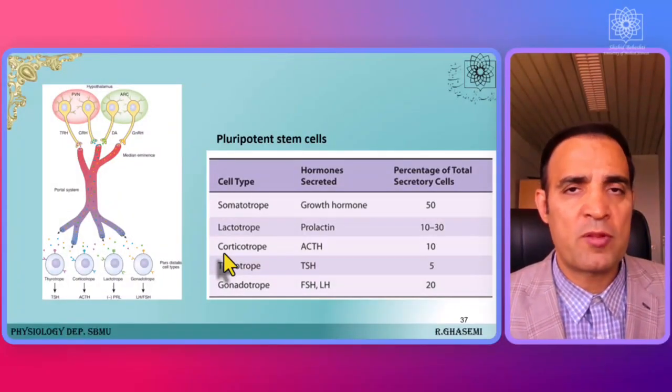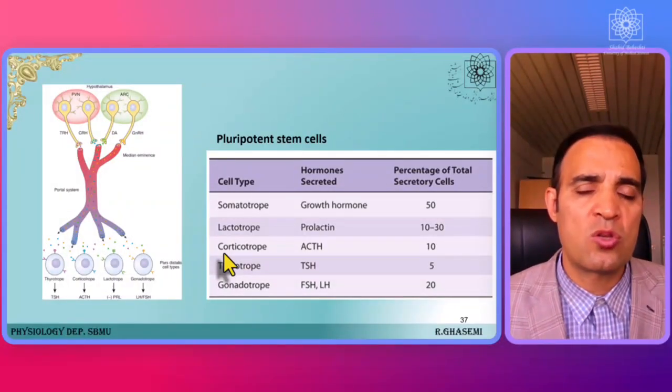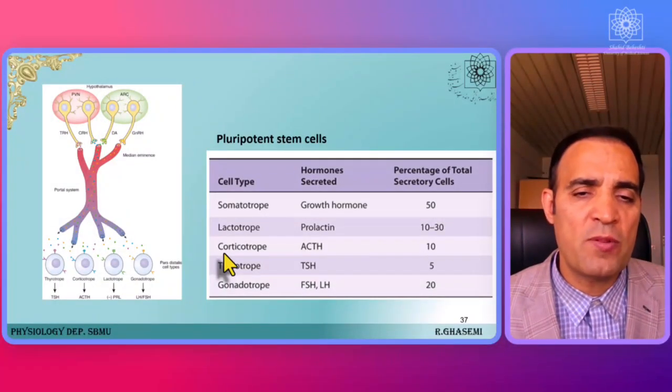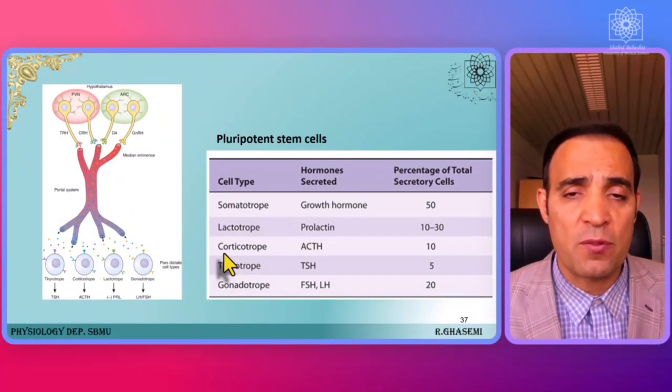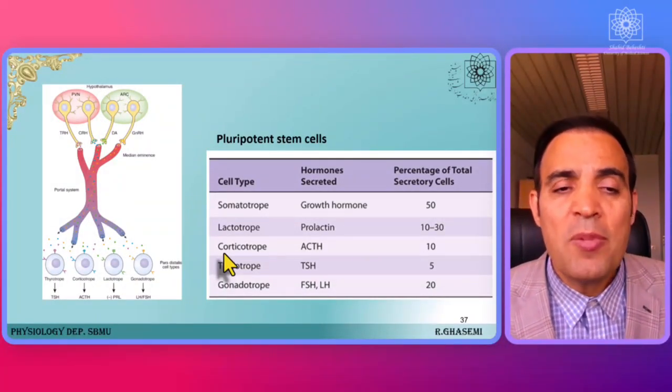Lactotrope 10 to 30%, corticotrope 10%, thyrotrope 5%, and gonadotrope 20%.